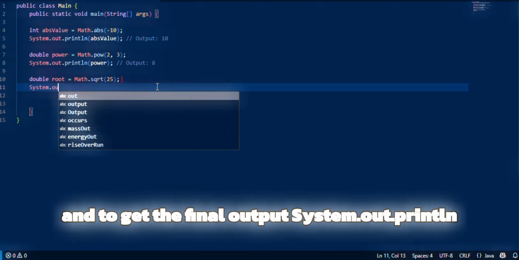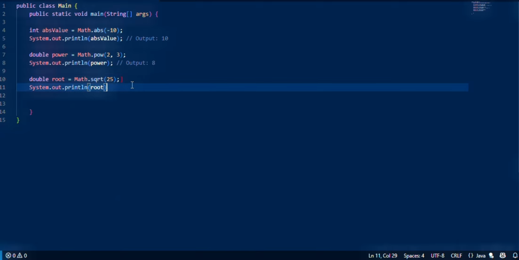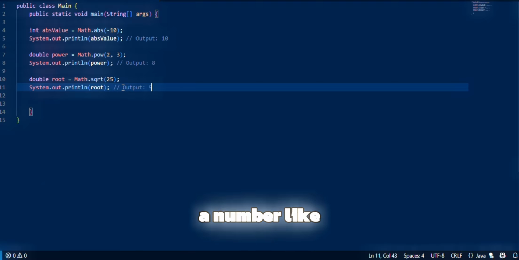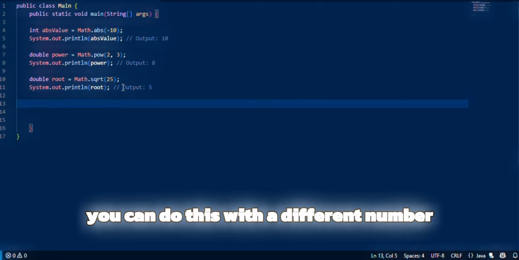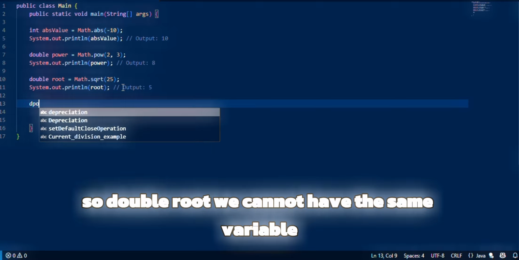To get the final output, System.out.println(root), and the output of this will be 5. So this finds the square root of a number. You can do this with a different number.